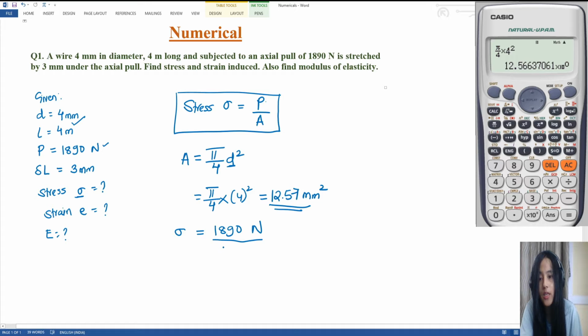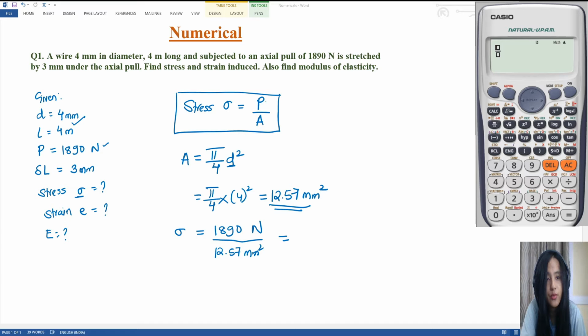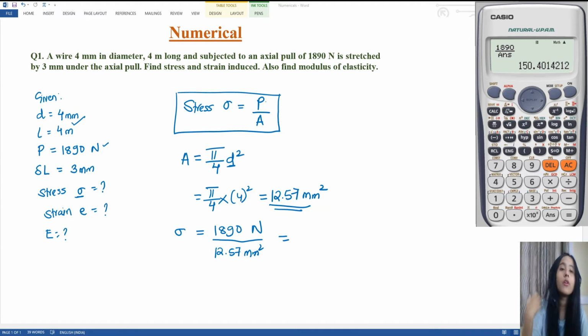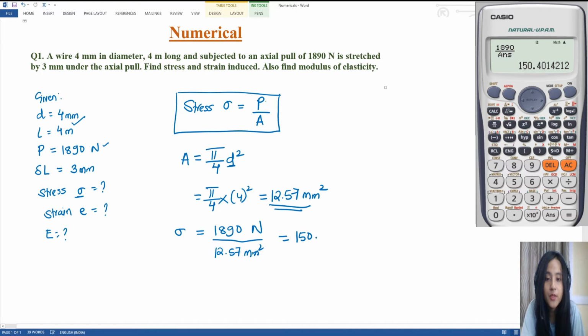Divided by its area is 12.57 mm square. Now how much will we get? It's coming 150.4.